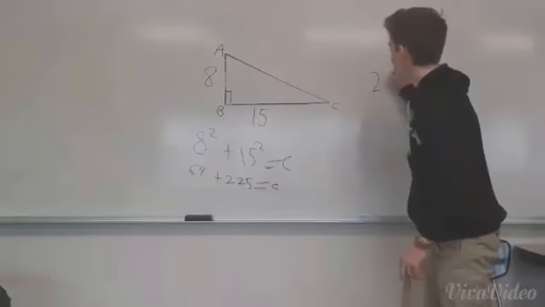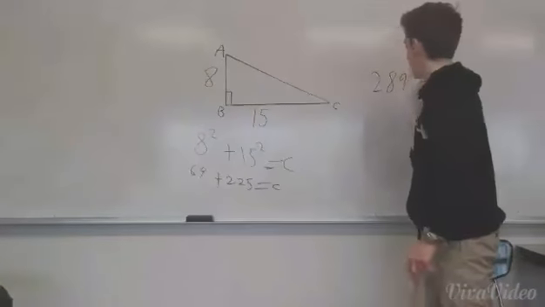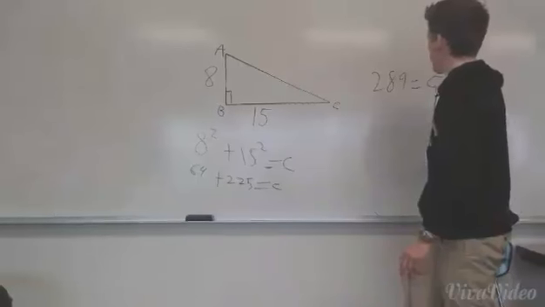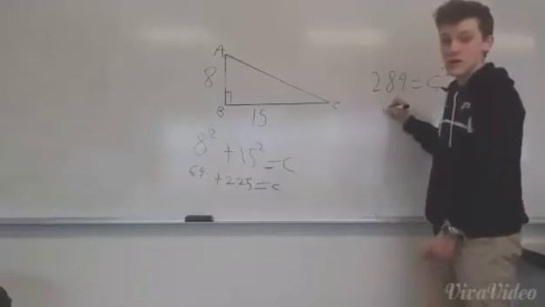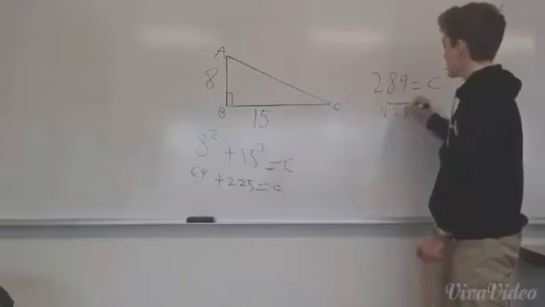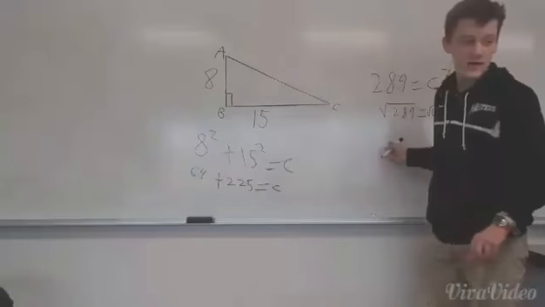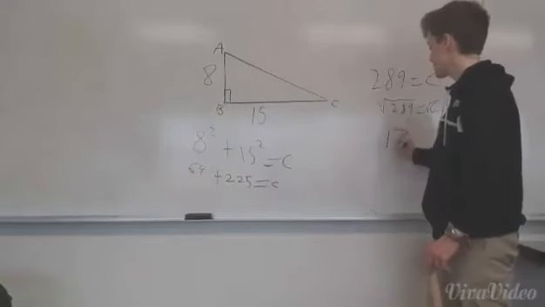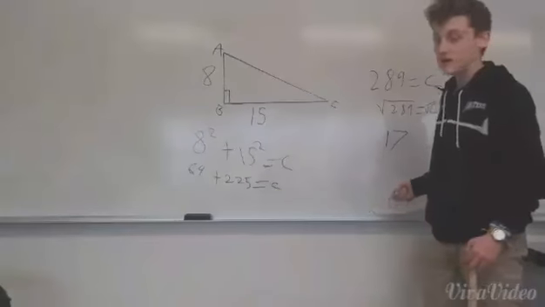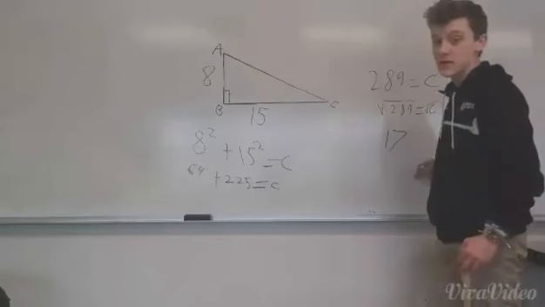Overall, it equals 289, which equals C squared. Now we have to square root it all. The square root of 289 equals 17. Usually it would be a lot longer, but this is a perfect square.